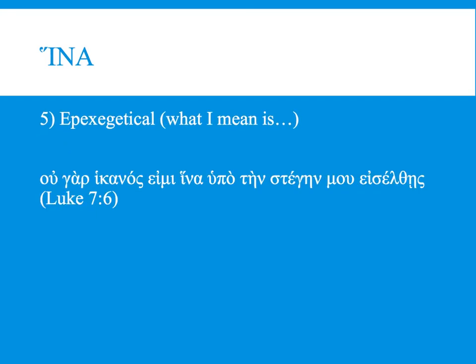Epexegetical is a good way to do it. For I, and this is the centurion that's coming to Jesus in Luke, for I am not worthy. And then it has a hina clause that is explaining, it's modifying the predicate adjective. What kind of not worthy? I am not worthy that you might come under my roof. And so that hina clause is epexegetically modifying hikanos.